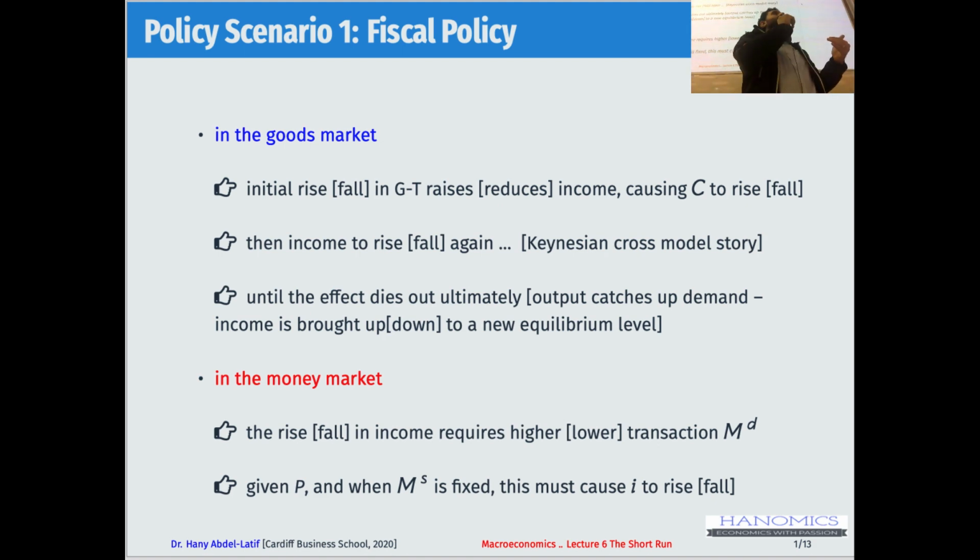So let's now assume that there is a rise in net government spending, G minus T. This is an expansionary fiscal policy. The government has decided to increase how much they spend in the economy, and what we learned from before is that more spending means higher income.